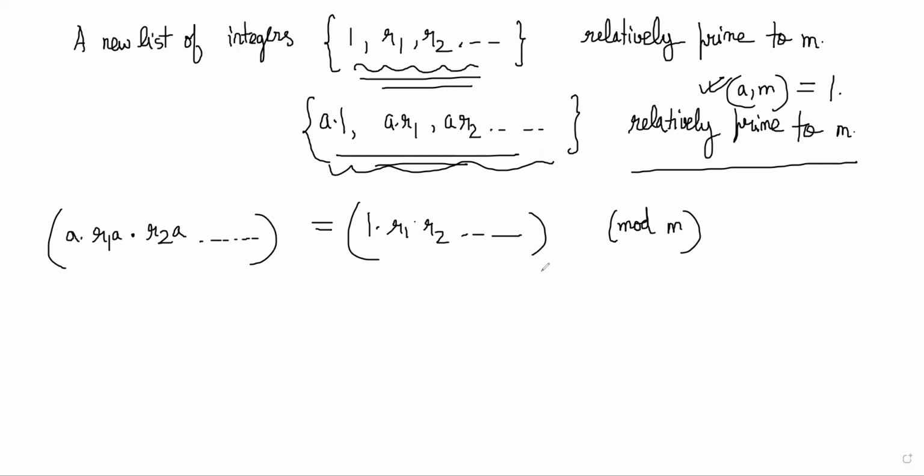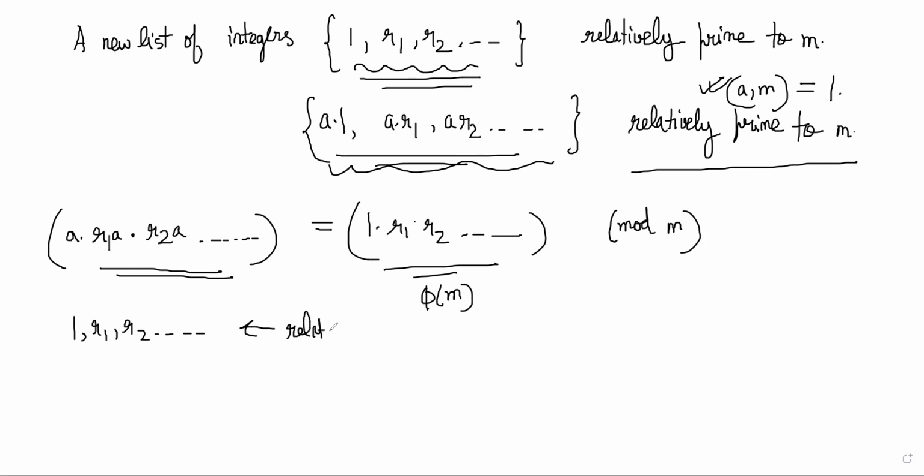The number of integers here is basically phi of m, right? And now we can cancel out the numbers 1, r1, r2 and so on from both sides, because we know that these are relatively prime to m. Once we cancel them out, what we get is just a, how many times?